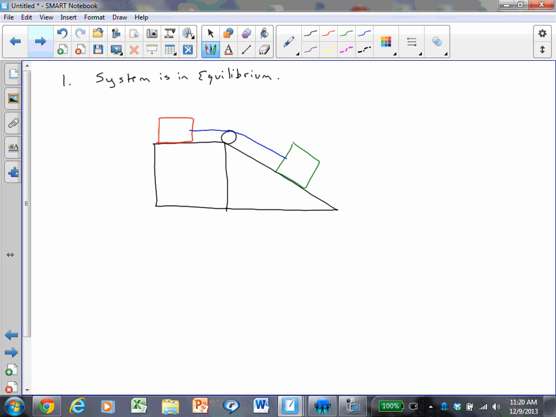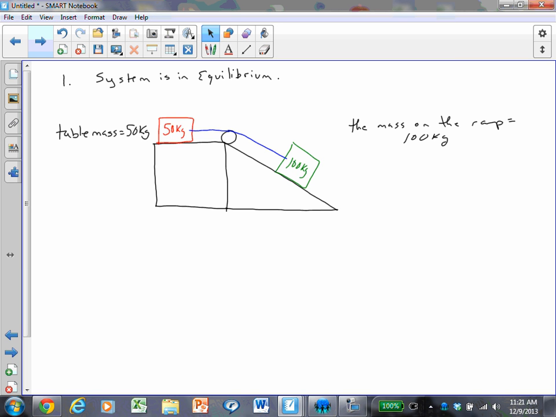The mass on the table is 50 kilograms. So that's this one. And the mass on the ramp is 100 kilograms. Okay. So we want to find, and the angle of the ramp is 60 degrees, and we're interested in what is the coefficient of friction.